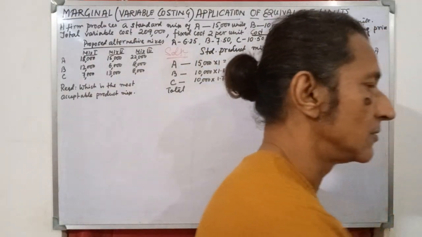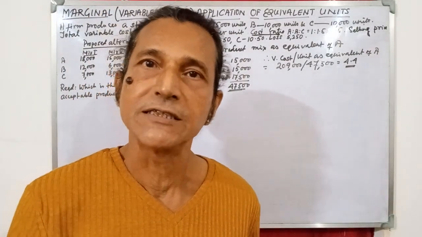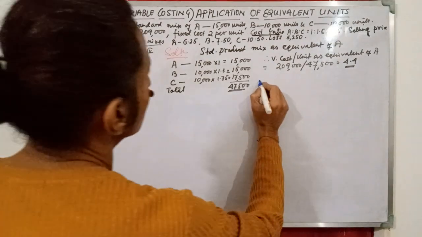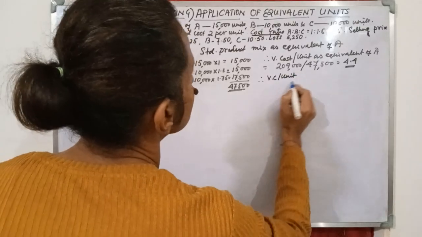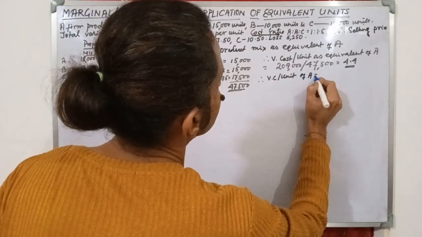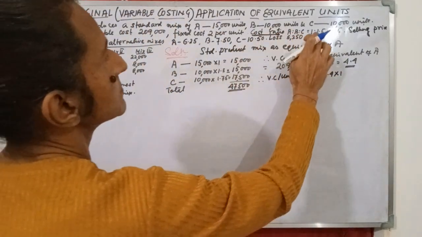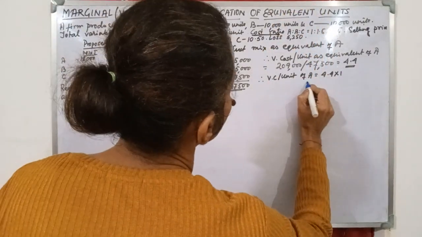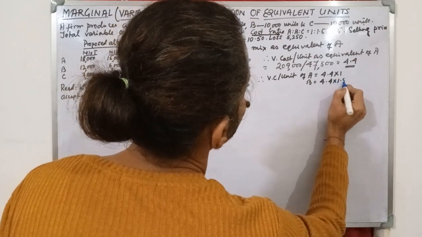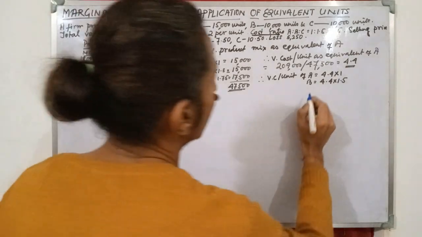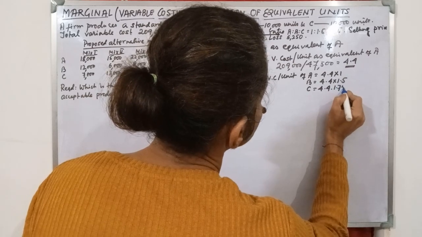Therefore, we can find out the variable cost per unit of A, B and C. Variable cost per unit of A is equal to 4.4 into 1, B is equal to 4.4 into 1.5, and variable cost of C is equal to 4.4 into 1.75.